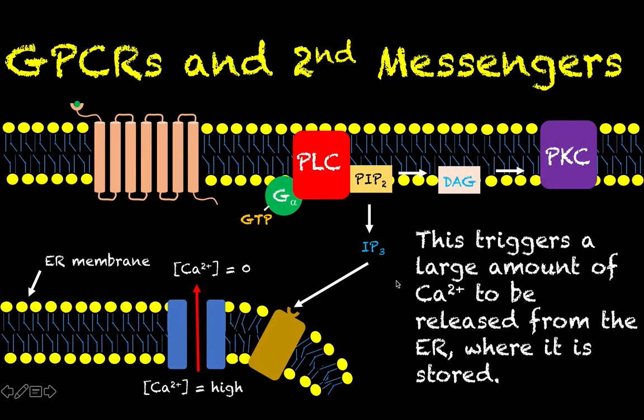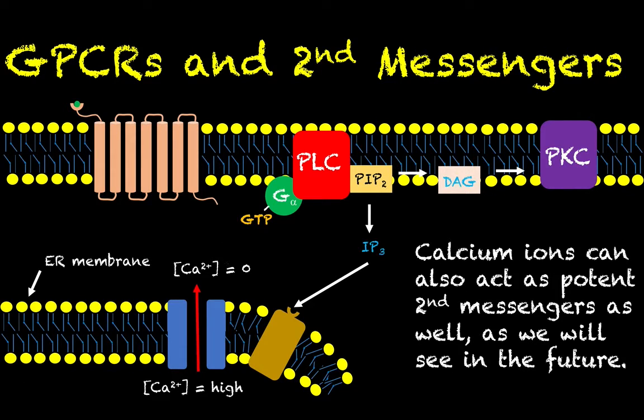So what IP3 is going to do here is bind to this receptor, and that is going to trigger the opening of a calcium channel in the ER membrane. This will cause calcium to diffuse from its area of high concentration inside the endoplasmic reticulum to low concentration in the cytoplasm. And from here, these calcium ions can act as very potent second messengers themselves.